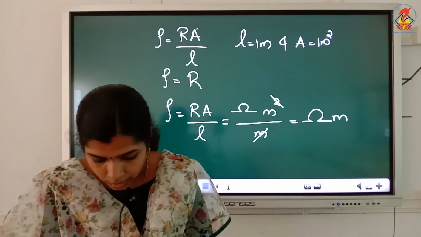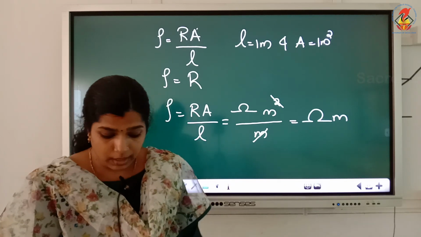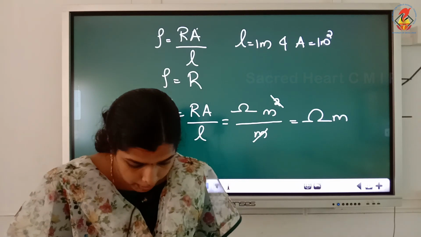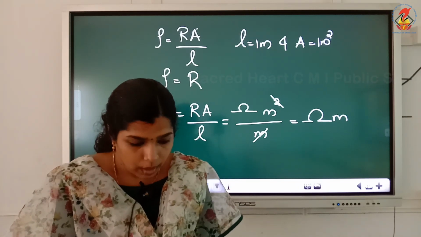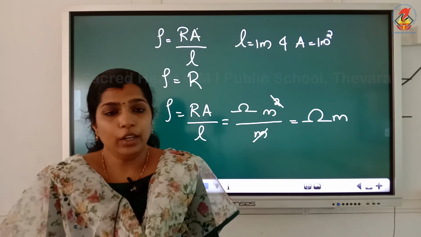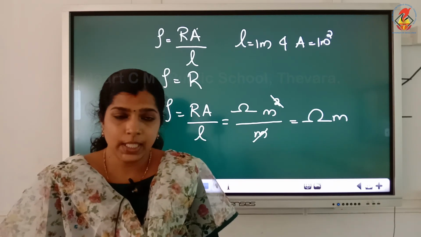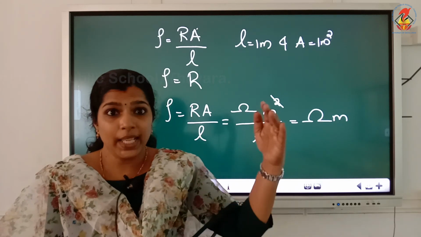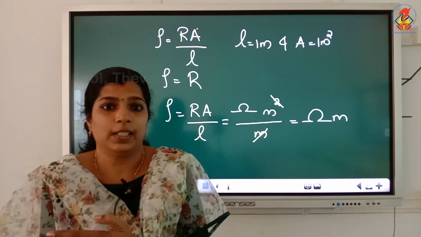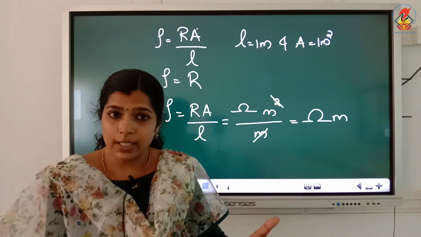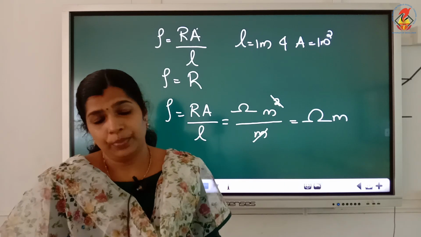Now, you know conductors, resistors and insulators. On the basis of electrical resistivity, we can divide the materials into conductors, resistors and insulators.